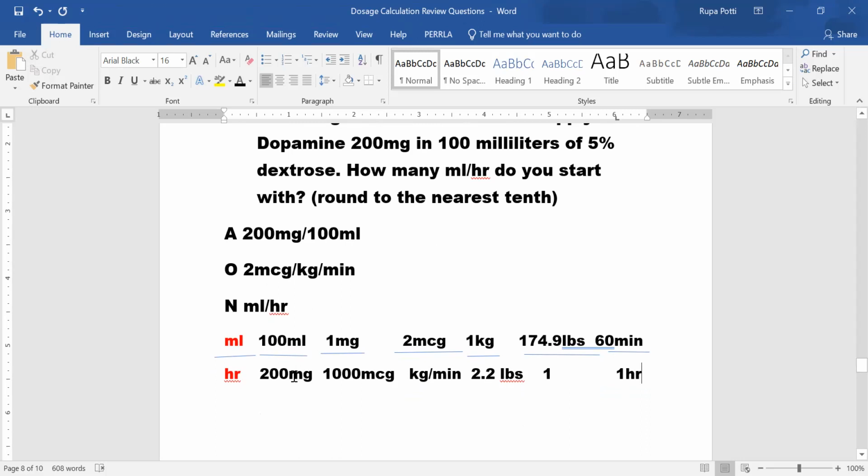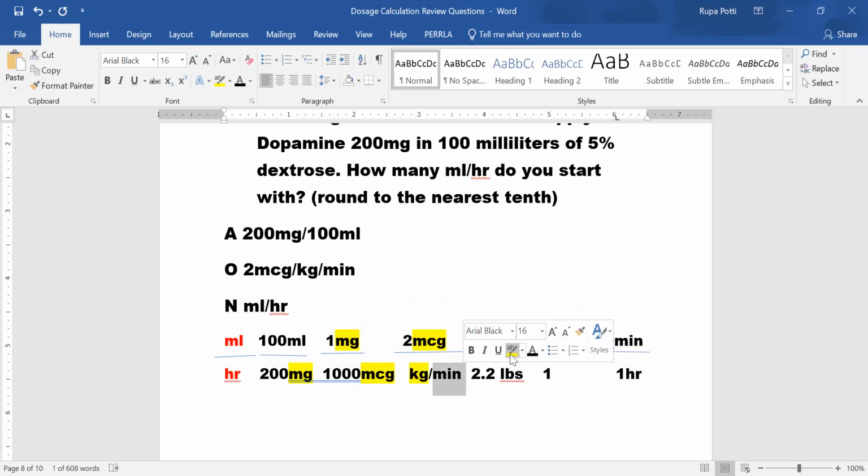So here you have milligrams in the denominator, so you're going to cancel with the milligrams in the numerator. You have micrograms in the denominator, so you'll cancel with micrograms in the numerator. Now you have kilograms in the denominator and kilograms in the numerator.